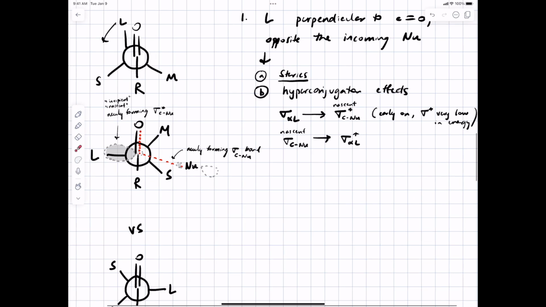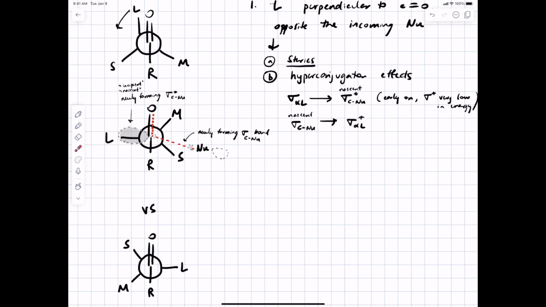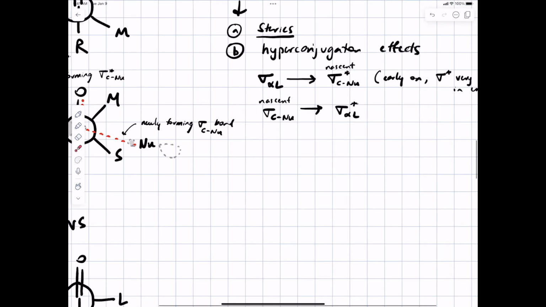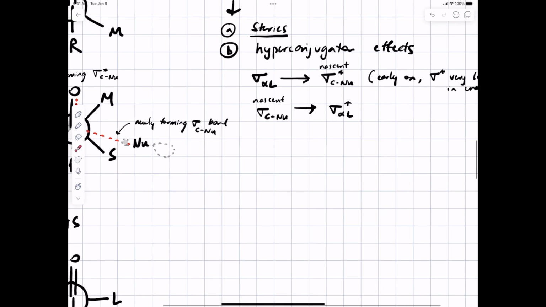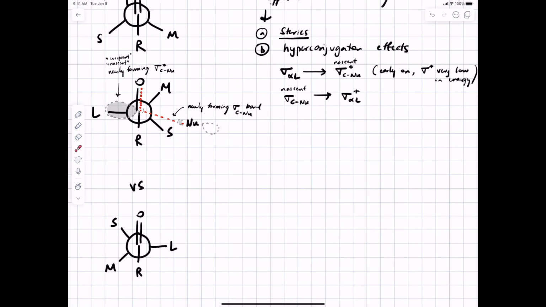However, there is a variation of Felkin-Anh where, I guess, maybe we'll just put a stay tuned on this one, because it will make sense to show you how this plays out and then show you this variation.